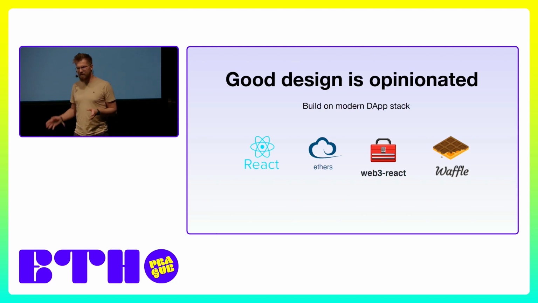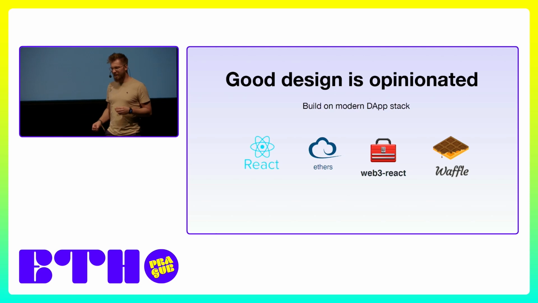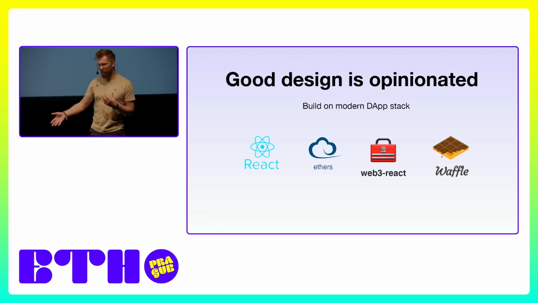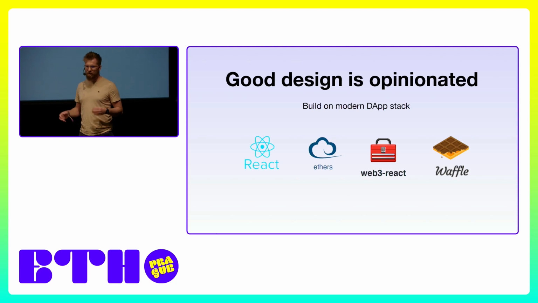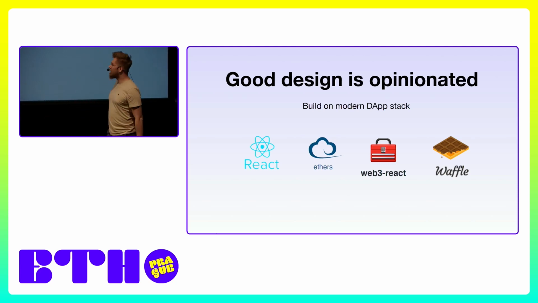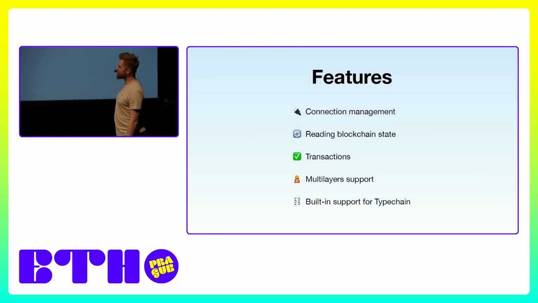useDApp is just a set of utilities that operate on top of the React framework. So you can easily continue using the Web2 tools that you know, but with native Web3 support. And also, useDApp works with Ethers, Web3 React, and Waffle, so the usual tools that a Web3 developer on the front end might use.